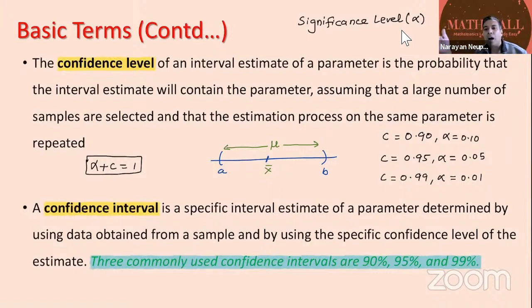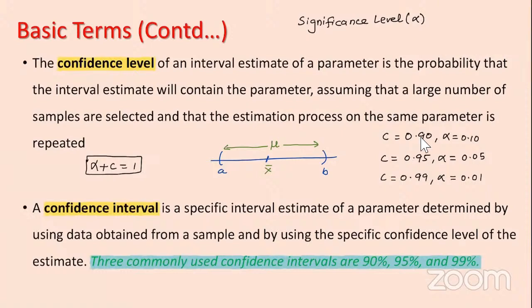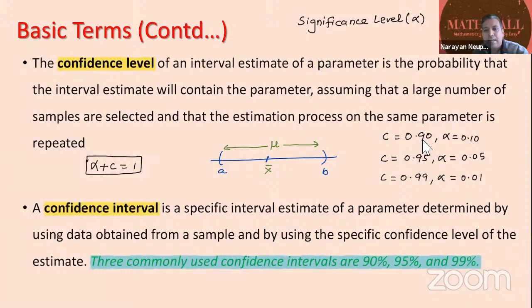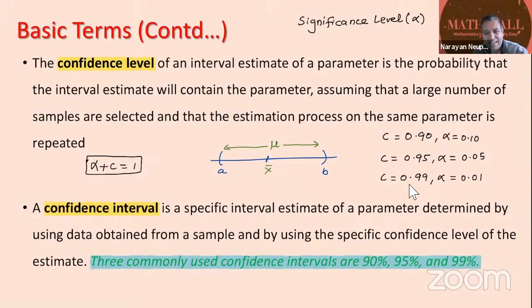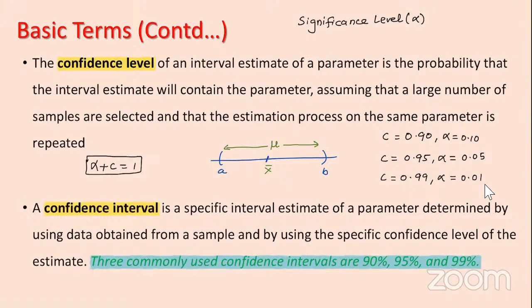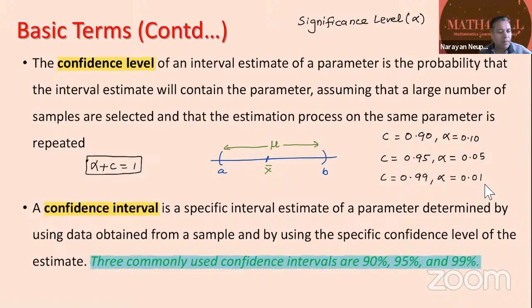So total percentage will be 100, and the complement will be 100 minus that. So if C is 90%, the remaining is 10%. Similarly, if that is 95%, remaining is 5%. If that is 99%, remaining is 1%. Make sense? Okay, very good. Any other question from anybody in the class before we move on? Okay, looks like there is no question.